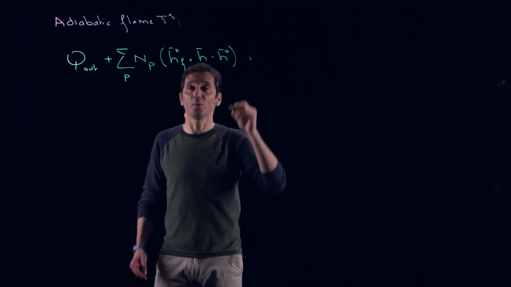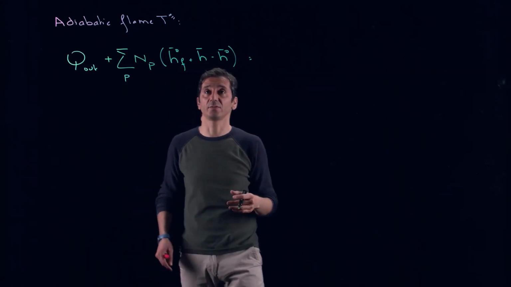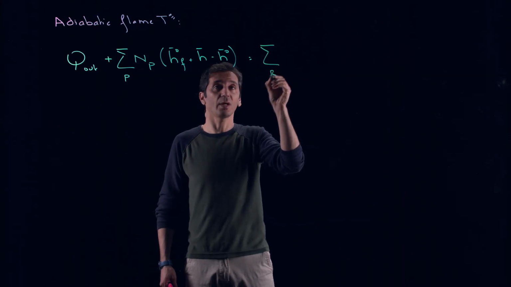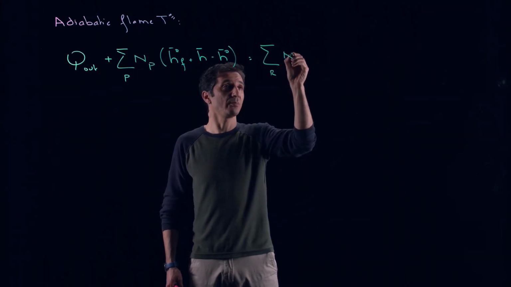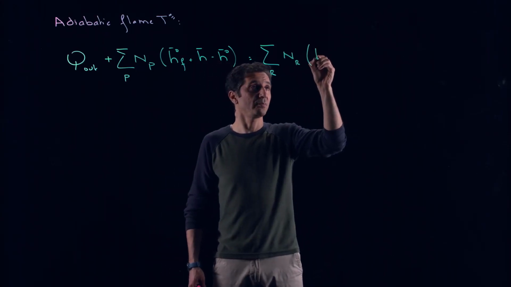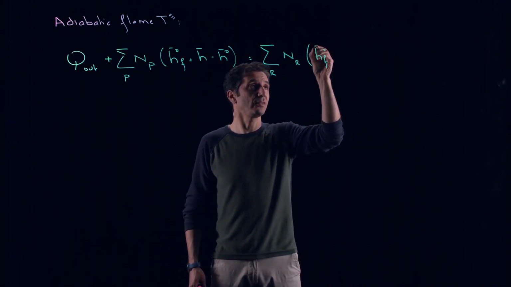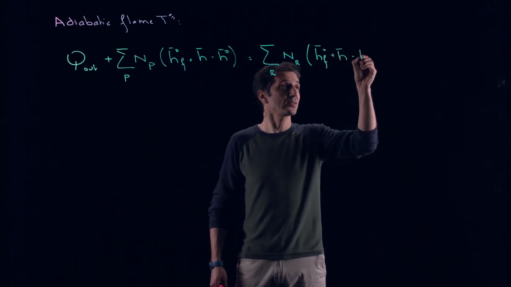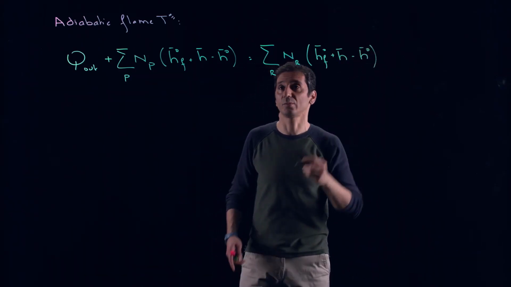This is equal to what? It is equal to the summation over all our reactants of the number of moles of our reactants times the enthalpy of formation of each reactant plus the actual enthalpy minus the reference enthalpy, okay?